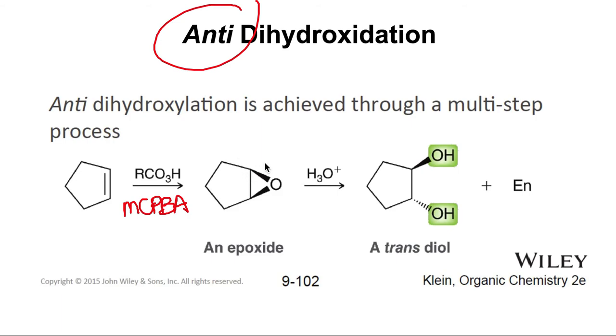And when we treat an epoxide with acid, first it will get protonated, and then the water can come and attack from the opposite side, opening the epoxide, and that's how we get a diol where the two OHs are on opposite sides. That means that it's trans.